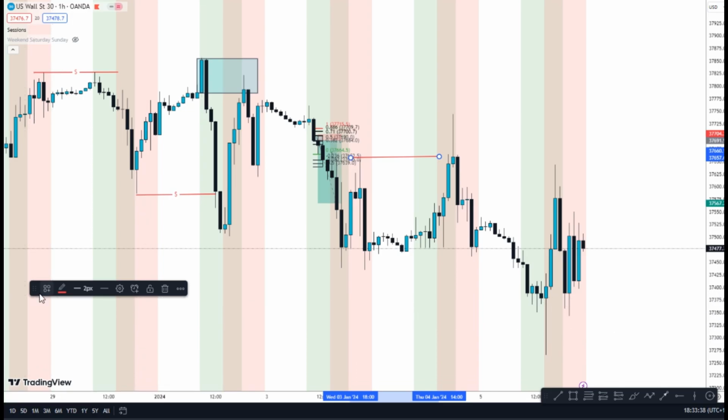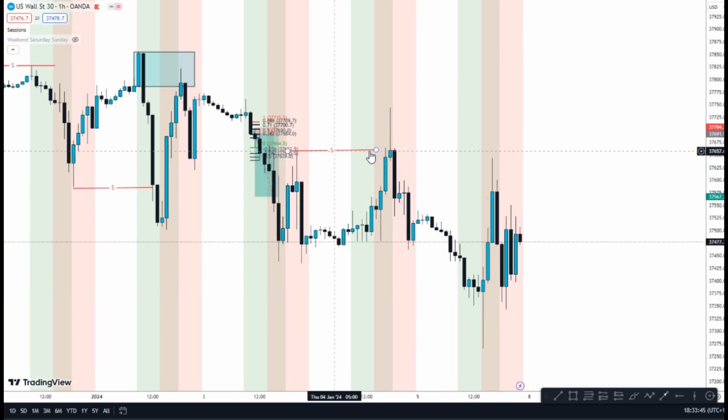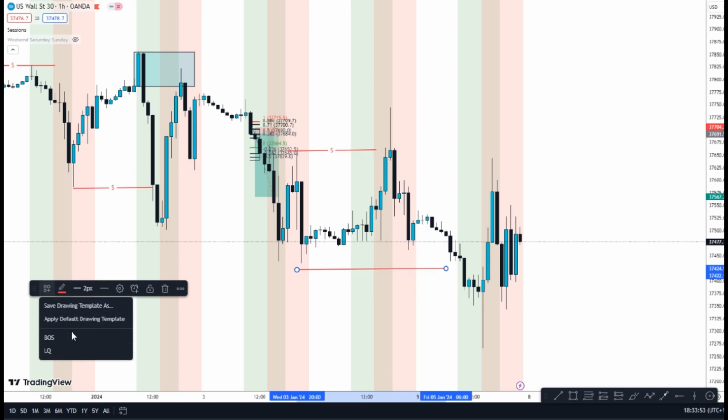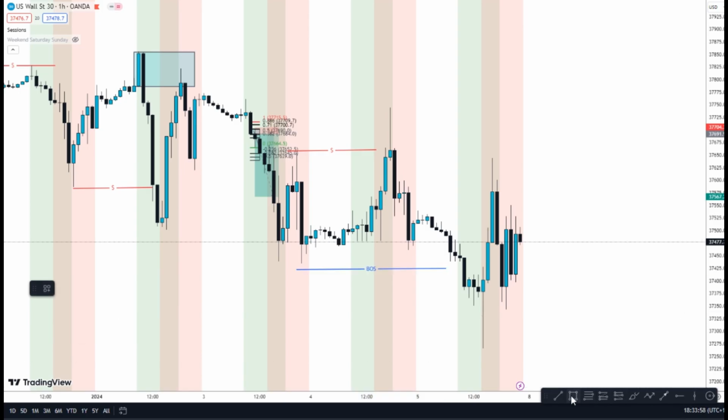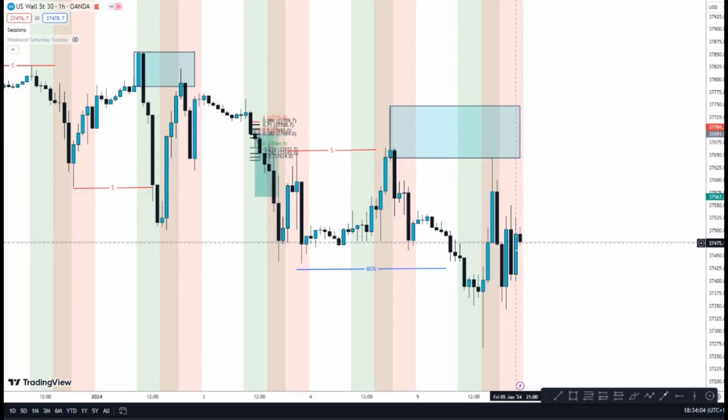I'll be showing you how I find my directional bias going into Monday. Price took out this liquidity and broke structure to the downside. After this break of structure to the downside, we're expecting price to pull back to the order block or supply zone. Looking at this area, you can see here is the supply zone, and the price pulled back to that area, and so far price has been trading to the downside.